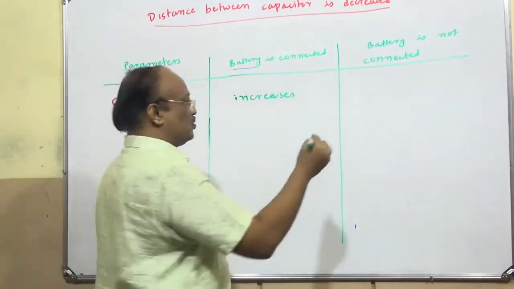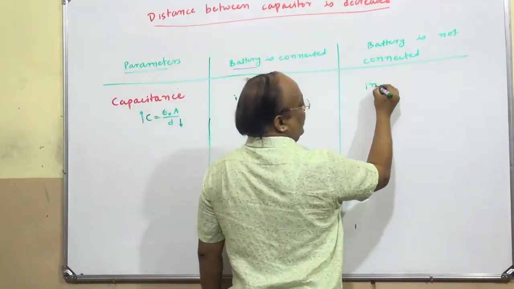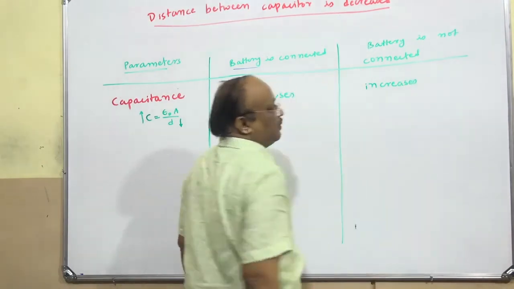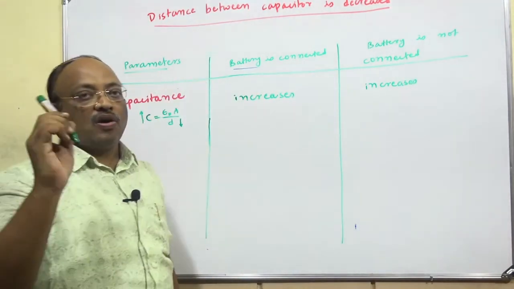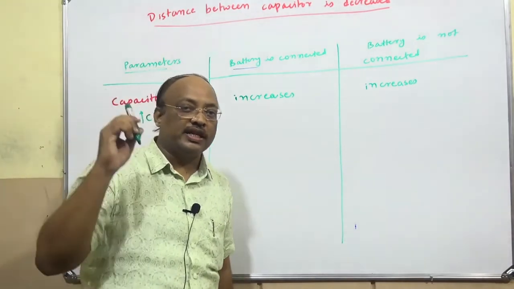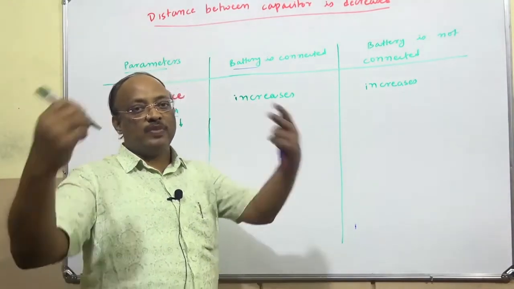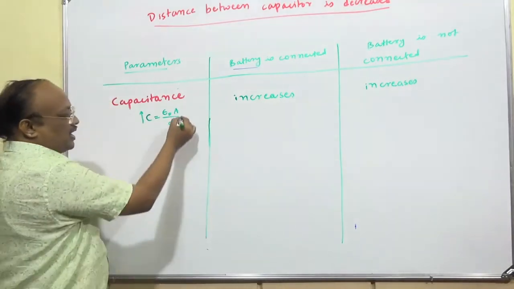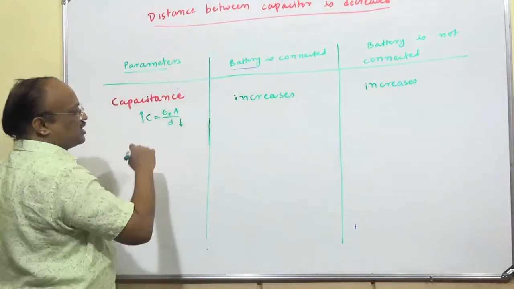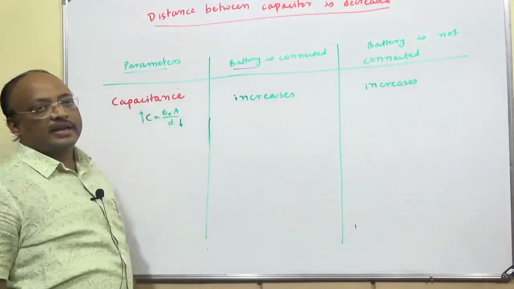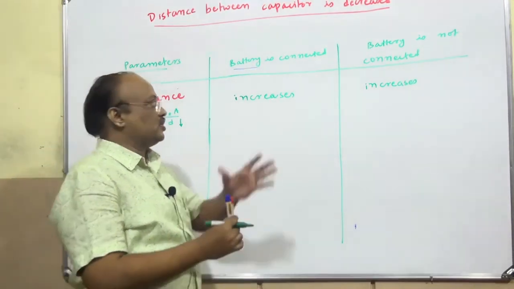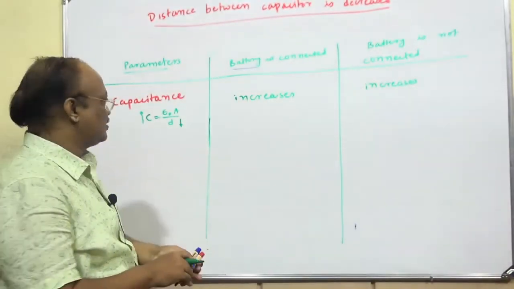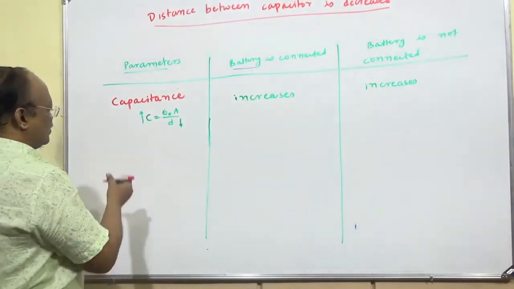And here also it increases because the battery is not going to change its capacitance. Its dimensions are going to change. As soon as you decrease the distance, capacitance increases. So here also it increases. What happens to the charge?